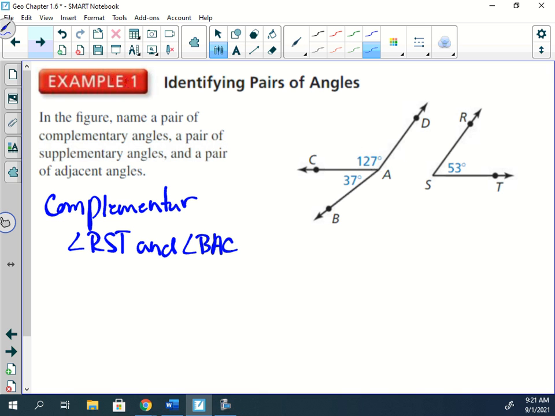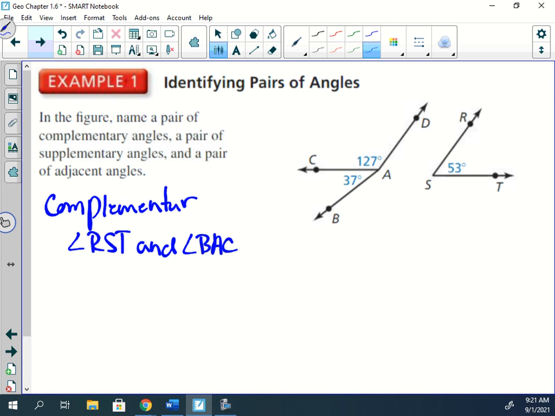Those two. So we could have named them RST, TSR, or angle R, because we could use one of those three. And for the other one, we could have said BAC or CAB. We couldn't use angle A because there is more than one angle at that spot. But those two would be the complementary because why? 90. 37 and 53 do add together to be 90.